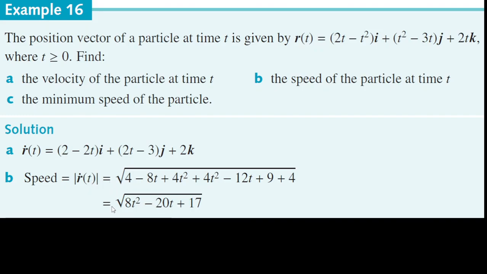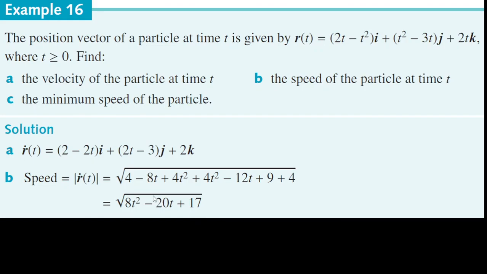You end up with a new modulus function, which is a function of time. Now, to find the minimum, what you could do is differentiate, solve for that derivative equals 0, find the t value and substitute.